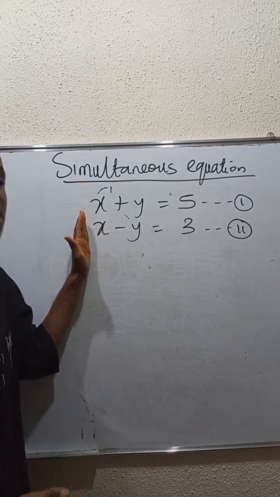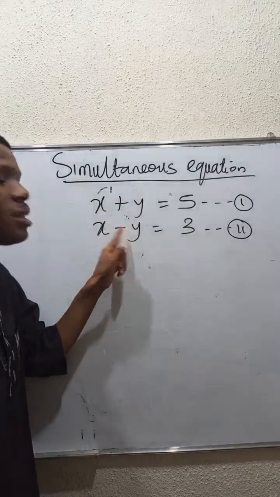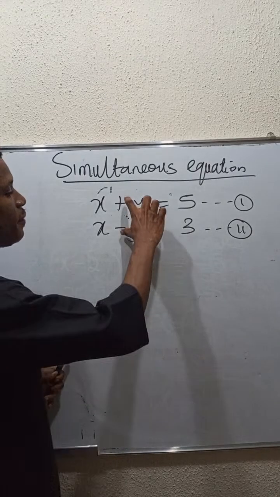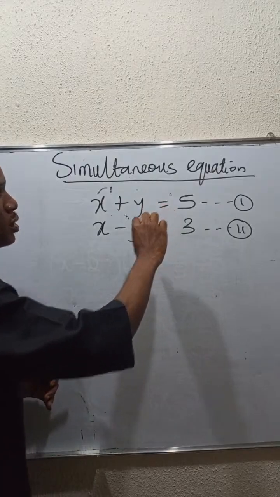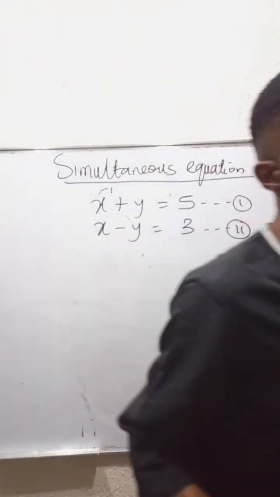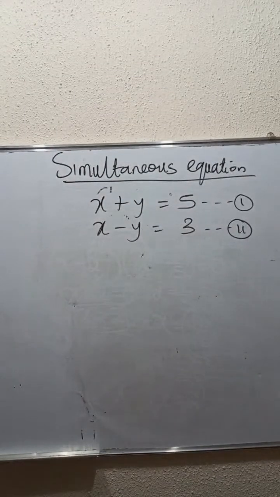Here the coefficients are 1, 1. Here the coefficients are also 1, 1, but differ in signs. So when we add these two equations, can we eliminate y? Yes. So we start by eliminating the values of y.